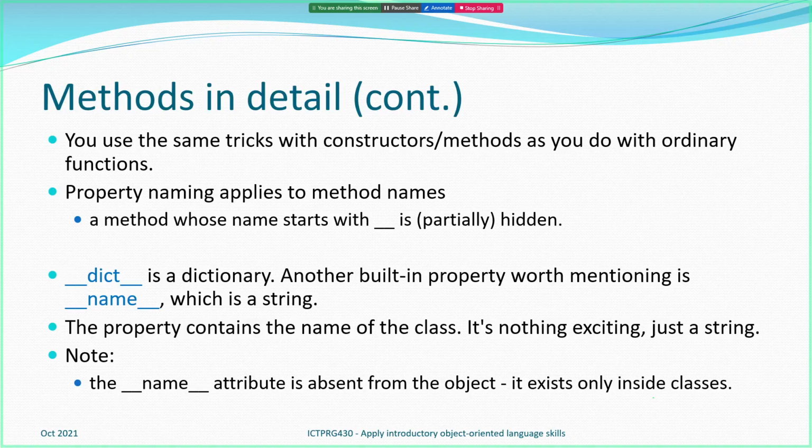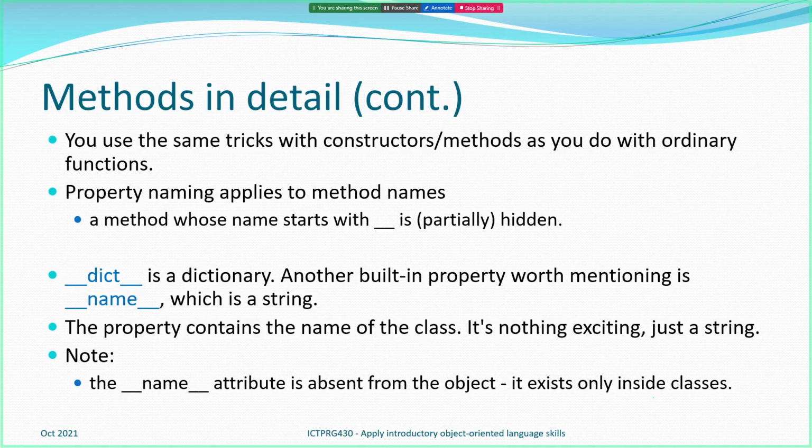There are some built-in properties in every object: dictionary and name. The dictionary gives you properties that are associated with the class or object, and name returns a string value that you can use to print the information on.